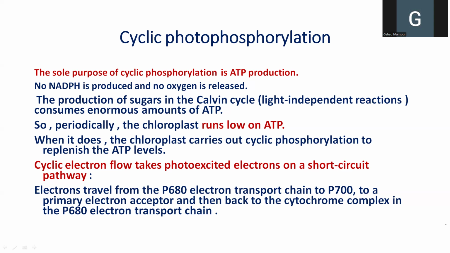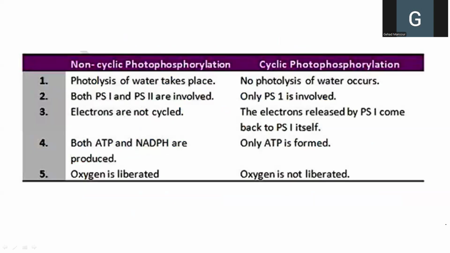Do they have to pass to photosystem 680 and along its transport chain? Yes, of course, in order to be able to form ATP. So we are bypassing the electron transport chain of photosystem 700.